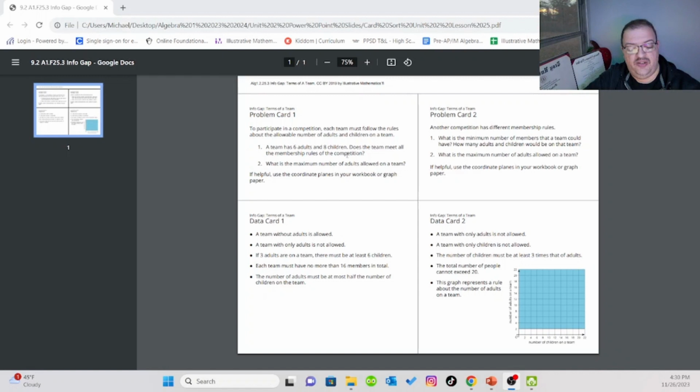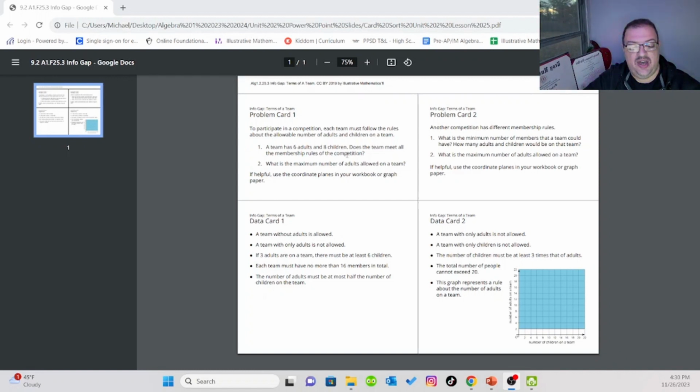Now we try 4 adults. 4 adults times 3 would mean 12 children. 4 adults plus 12 children is 16 total people. We've not exceeded 20, so we could have 4 adults. 5 adults times 3 would mean 15 children. 5 adults plus 15 children is exactly 20 people on the team.